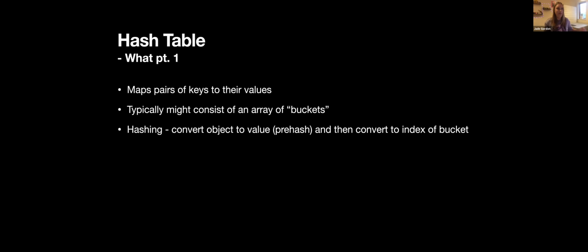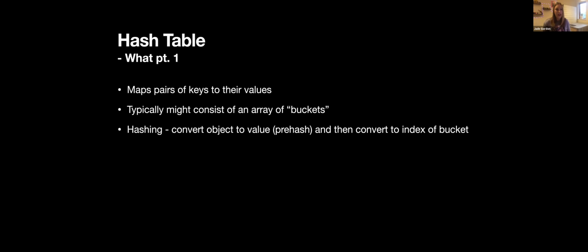Okay, so hash tables. They map pairs of keys to their values. Essentially, you would have an array of buckets in which the values are stored. And there's a hashing process.